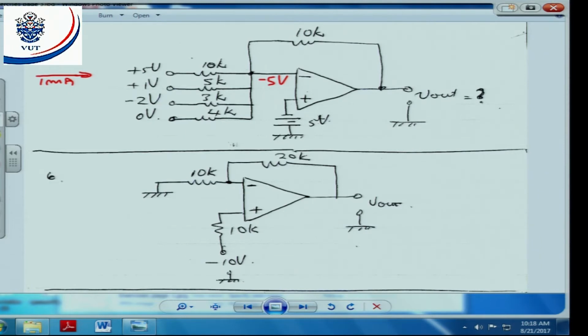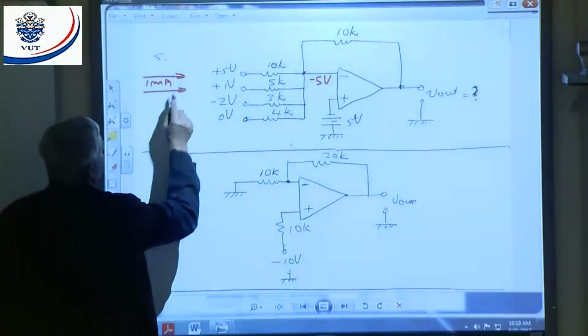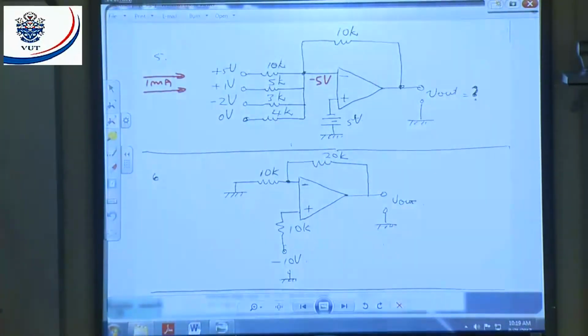the current's also going to flow inwards because there I got minus 5, there I got 1 volt. The voltage difference is 6 volts. 6 volts divided by 5k will give me what? 1.2 milliamps.